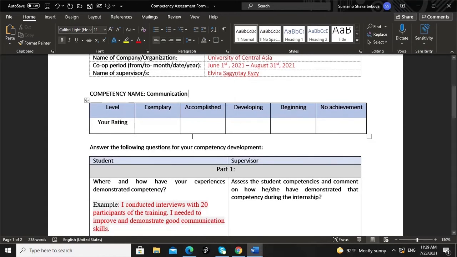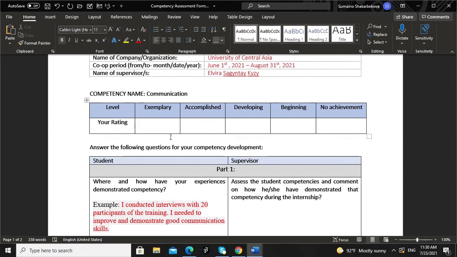Before rating your competency, students should understand the levels of rating: what does exemplary mean, or what is accomplished, or what is no achievement level in this system of rating. So now let's see one by one what those levels of rating mean.